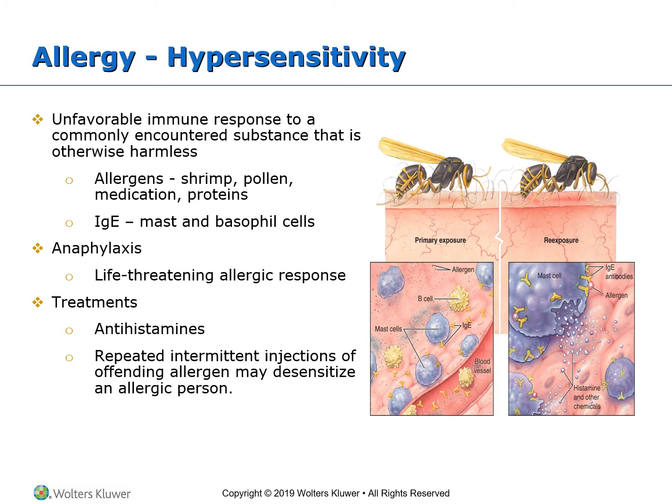An allergy is any type of exaggerated immune response that is a result of exposure to a substance, a protein, or an antigen that is commonly encountered and in other conditions or for other individuals can be harmless. As an example of that, you know that allergy can happen to pollen or to exposure to shellfish.